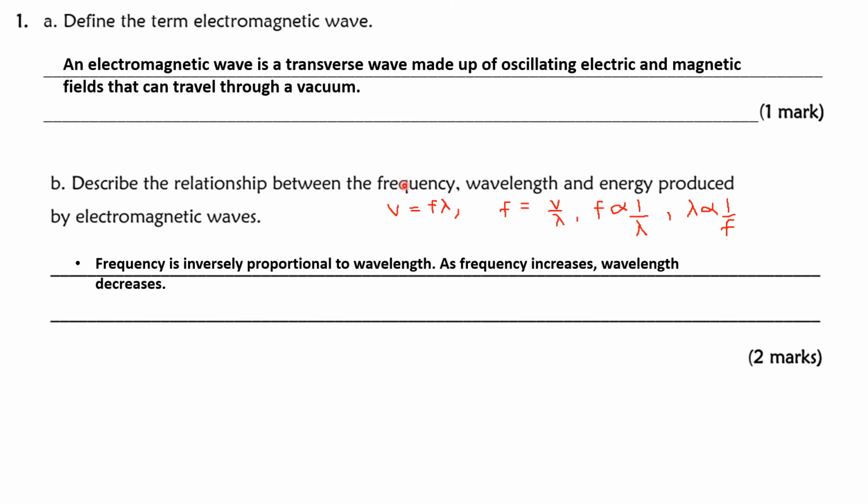Another relationship is to do with frequency and the energy. Frequency and the energy are related in a way that when the frequency of a wave increases, the energy that is propagating or transferring becomes high. So we are saying energy of an electromagnetic wave is given by the Planck's constant multiplied by frequency.